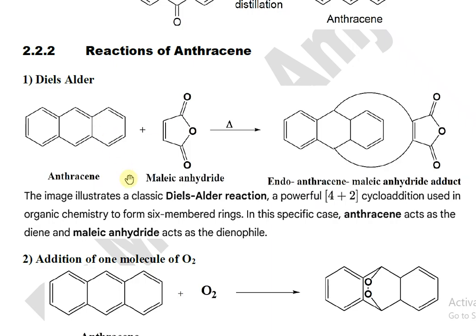The example here is maleic anhydride. Positions 9 and 10 in the anthracene are the active positions, so the addition to the double bond happens between these two positions.